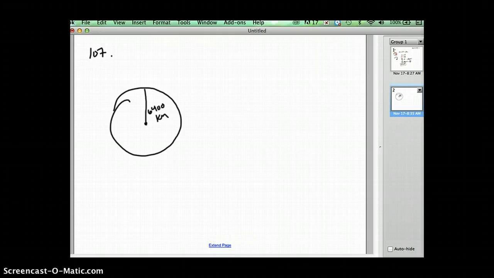Okay, and now we've got a satellite that's going to rotate around the Earth, and the satellite is 1,250 kilometers above Earth. So that's going to be rotating around Earth. Terrible drawing, but you get the general idea.